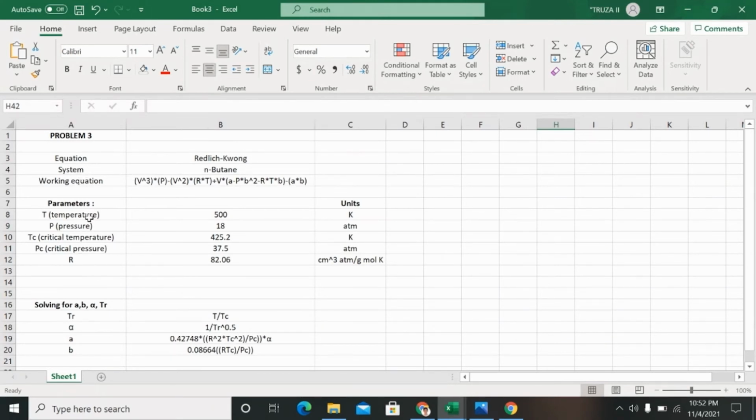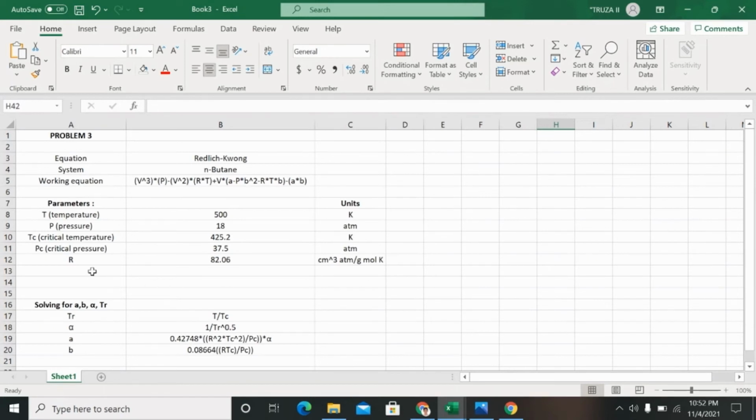And our given parameters are the temperature, which is 500 Kelvin, the pressure, 18 atm, the critical temperature, 425.2 Kelvin, the critical pressure, 37.5 atm, and our real gas constant, which is 82.06 cubic centimeter atm per gram mole Kelvin.